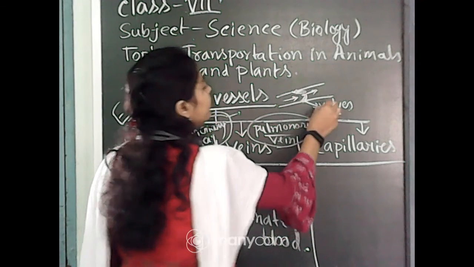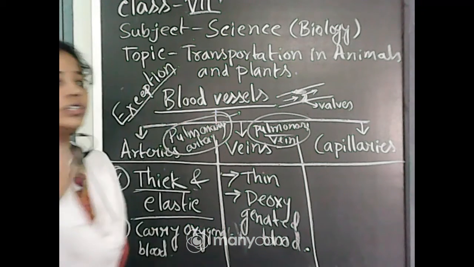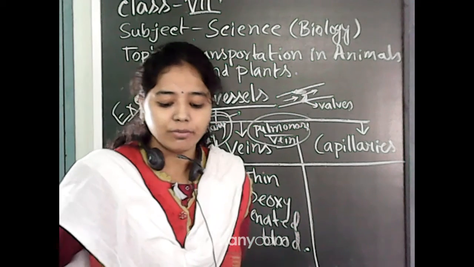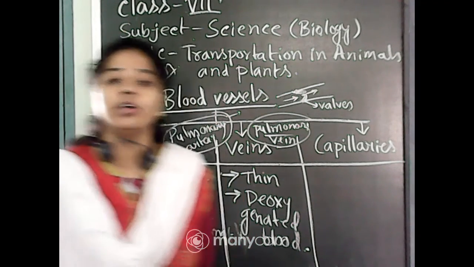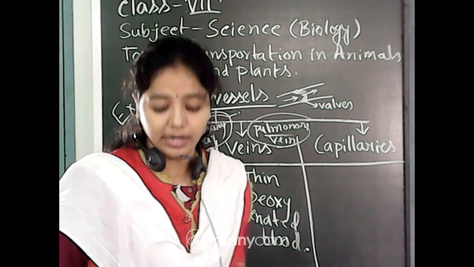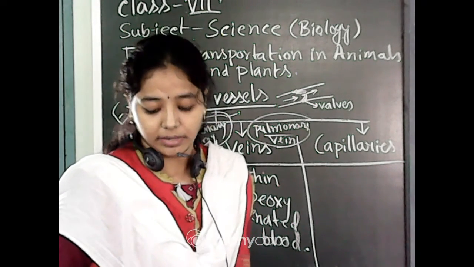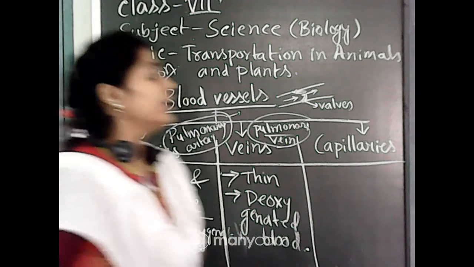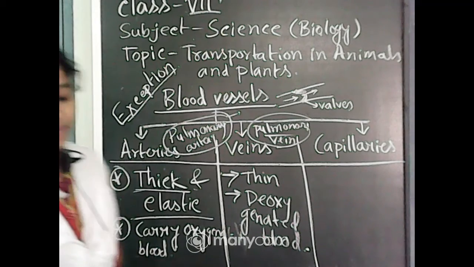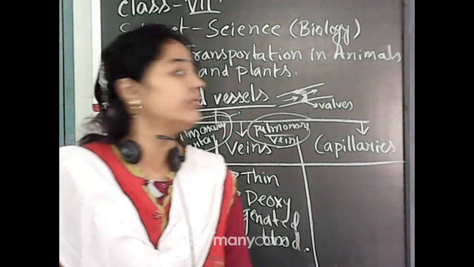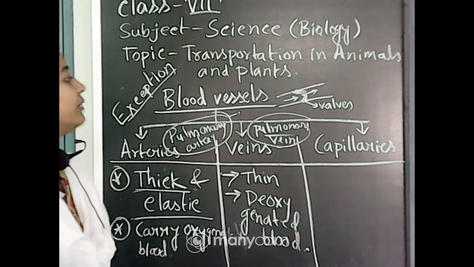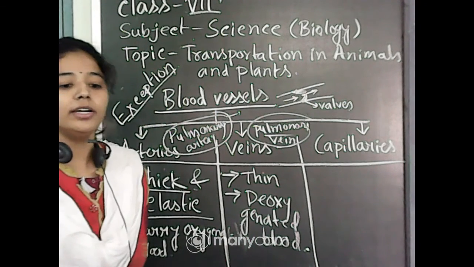These are called valves, and they help blood flow in one direction. There are many valves present. Veins have valves in them which allow blood to flow in one direction and prevent backflow of blood. This is the main characteristic of veins. Here we have seen the functions of arteries and veins and how they are different from each other.